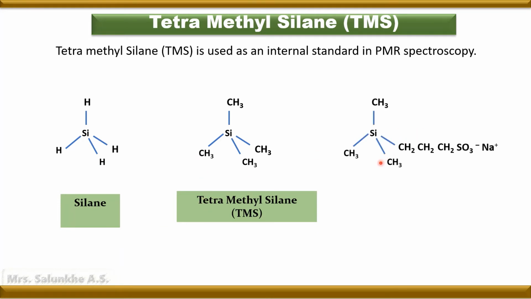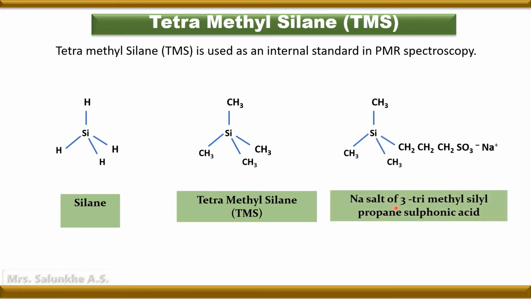This is the sodium salt of 3-trimethylsilyl propane sulfonic acid. This is used as standard if the sample solution is prepared in D2O. Otherwise, tetramethylsilane is used as internal standard in PMR spectroscopy because it is soluble in most organic solvents.